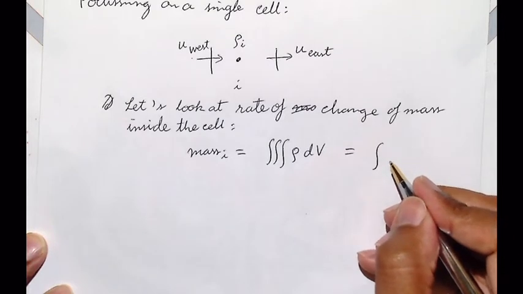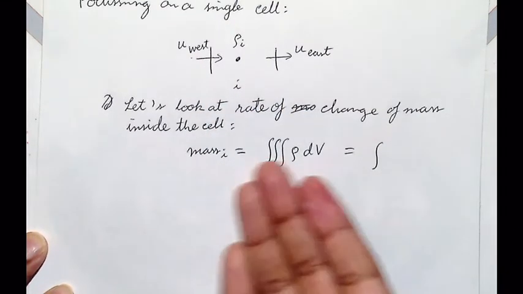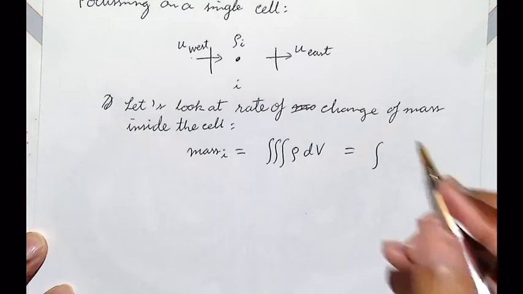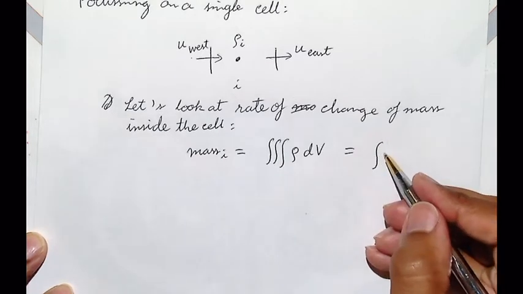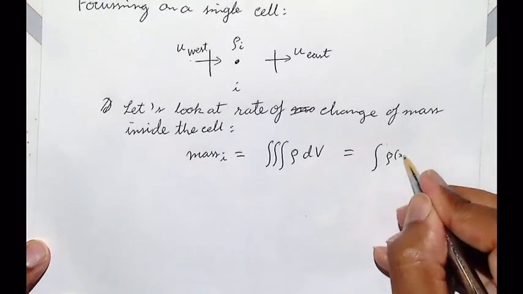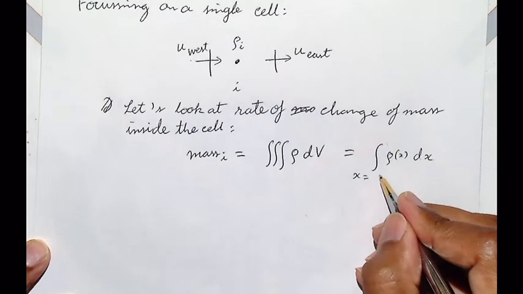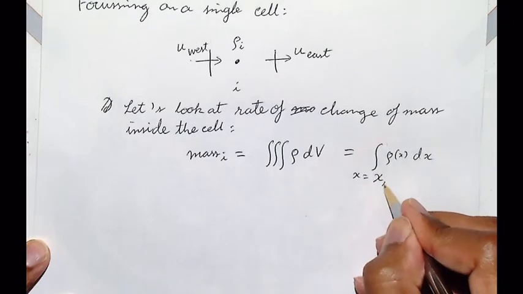For the one-dimensional case we're looking at, this is the general rho dV. So it's rho dx, with limits from I minus 1/2 to I plus 1/2.